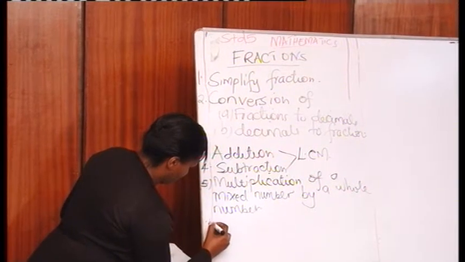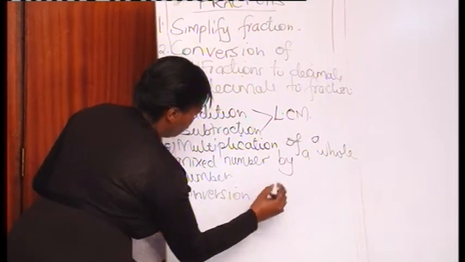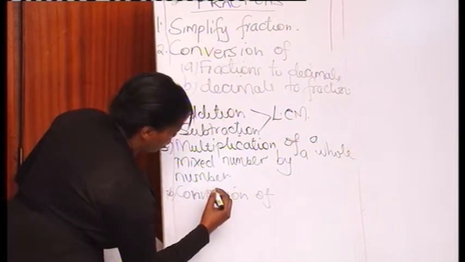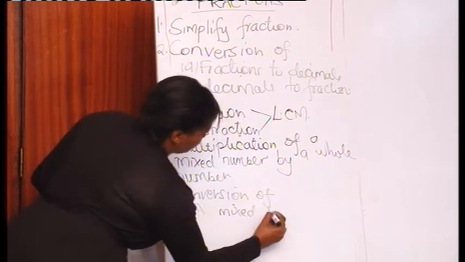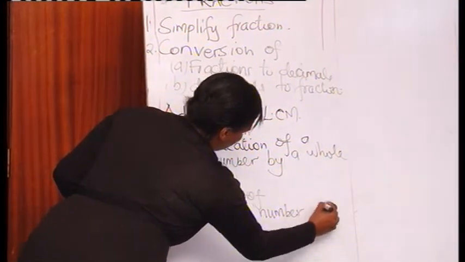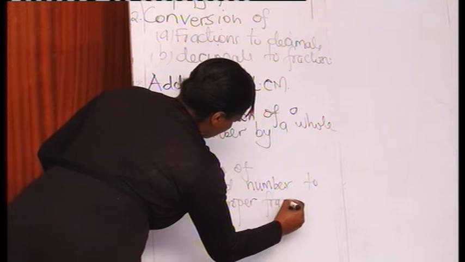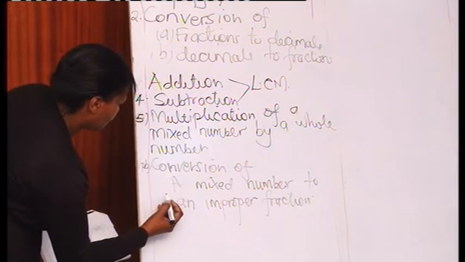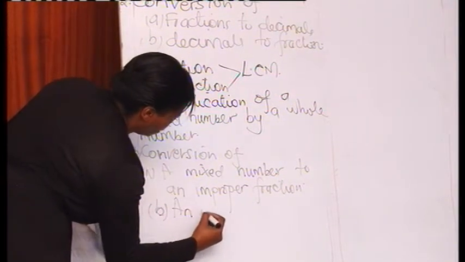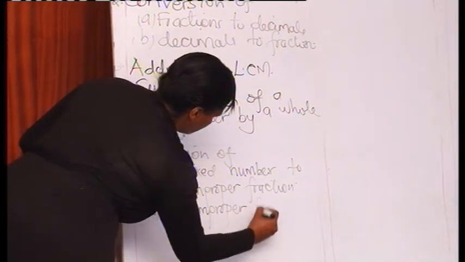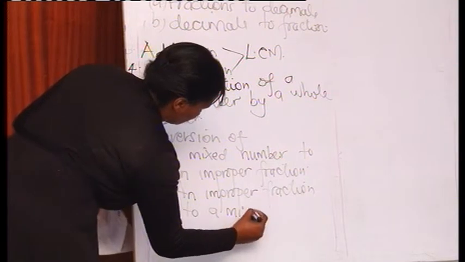Then you do 1AB, which should be conversion of a mixed number to an improper fraction, and that will be A. And then B, an improper fraction to a mixed number.